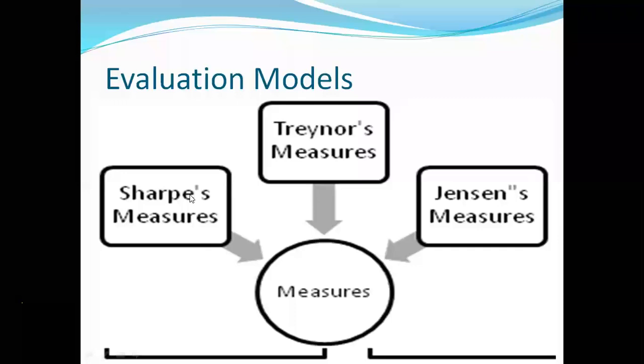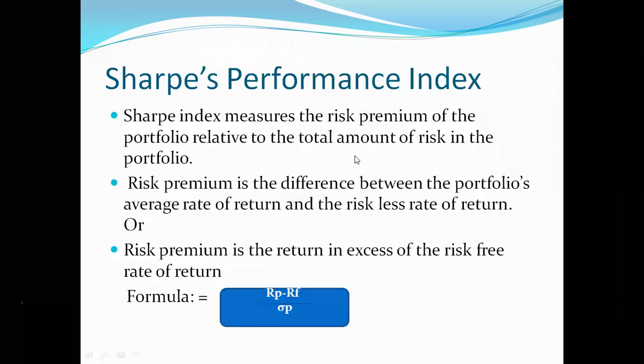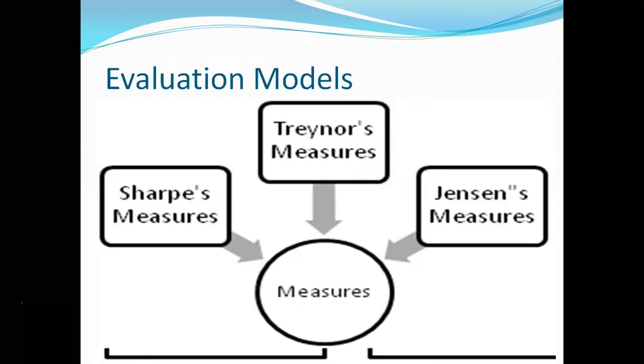One is called the Sharpe measure, the second is Treynor's, and the third is Jensen's. These are the three important models whose calculations we are going to look into, and they are totally based on formulas. Now we will go into each of these models in detail.